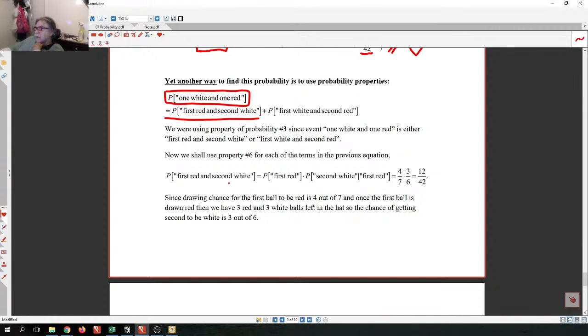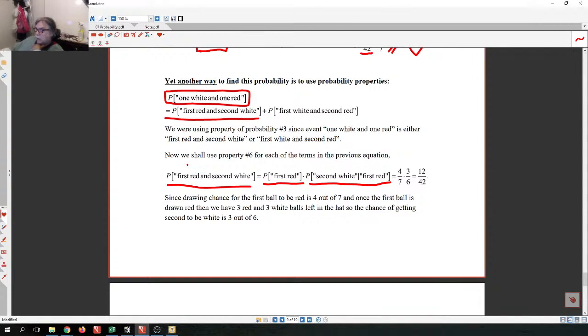First term, okay? First red and second white. That is by the property 6 of the probability: the probability of the first red times the probability of second white, given that the first one is red.